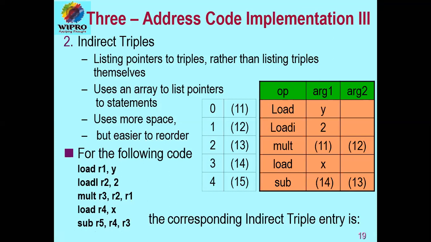Then I need to traverse from the beginning. Instead, we can have an array of pointers which can point to the beginning of that particular code, whichever section we need. That way, indirect triples help us locate the code easily, and the three address code representation can be made modular, block by block, by using indirect triples.